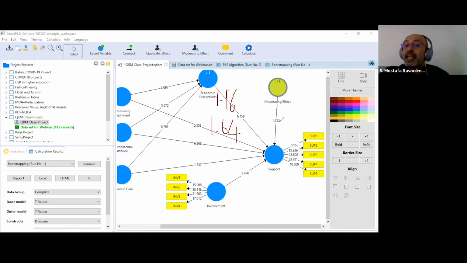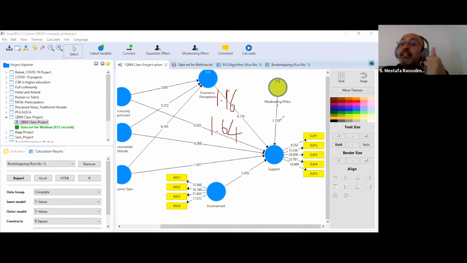This one is significant because our moderation hypothesis was one-tail. We mentioned that the effect of X on Y, perception on support, is stronger, or involvement moderates positively the effect of perception on support.